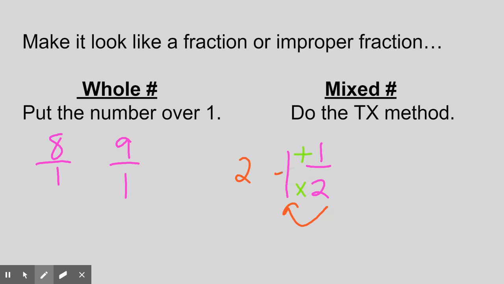Now, once I do that, I'm done with those numbers. I don't need them again. Then I add 2 plus 1, which gives me 3. So my numerator is going to be 3. Now the question is, what should my denominator be? Well, the denominator does not change, so it stays a 2 since that was the original. So if it helps you to write the denominator first, do that.